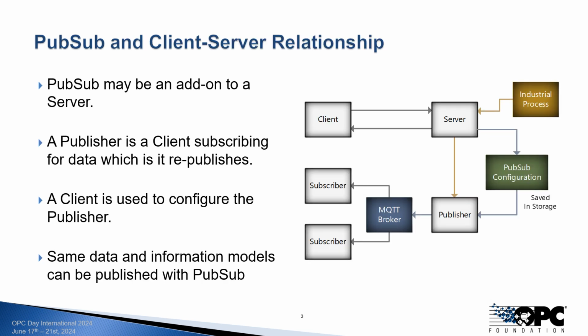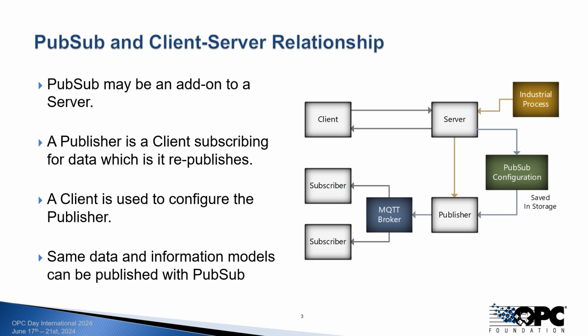Now, PubSub was designed to be an add-on to OPC UA client server. We rely on OPC UA client server to provide the APIs used to configure the publishers. And the publisher itself can be a client of a server to subscribe to the data that it then publishes.